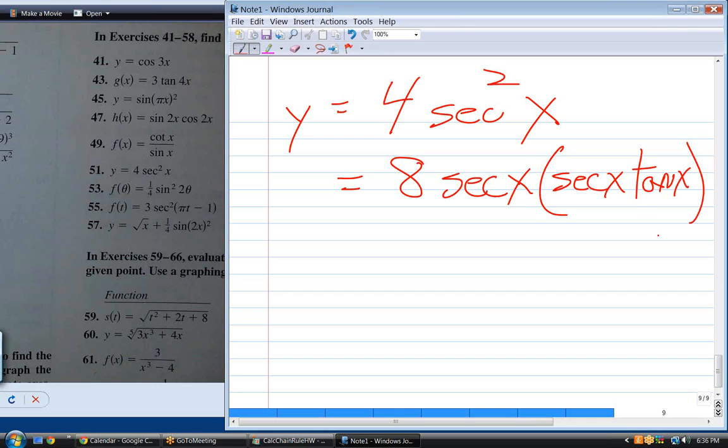That's the derivative of secant of x. In other words, the inside is secant x. Okay, so we need to multiply the outside by the inside. The derivative of secant x is secant x tangent x.